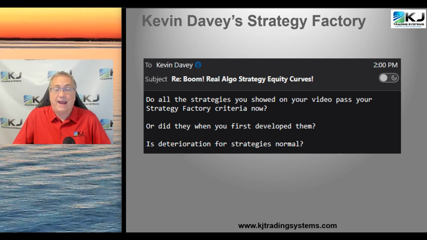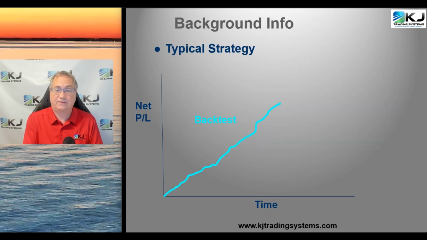Or did they when you first developed the strategies? And kind of in between those two questions is, is deterioration of strategies normal? I'm going to address all three of those questions and hopefully enlighten you a little bit on back testing and real-time testing, because there definitely is a difference.